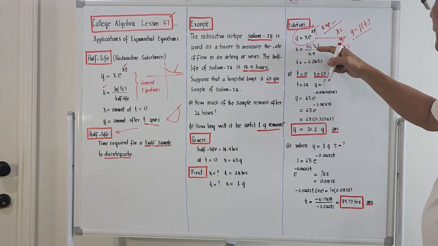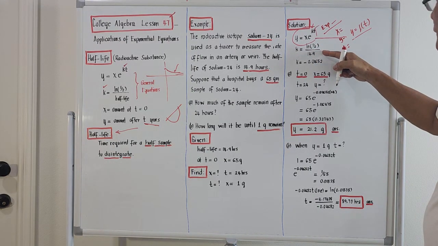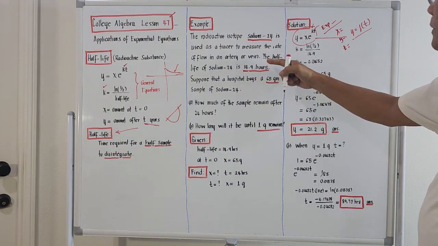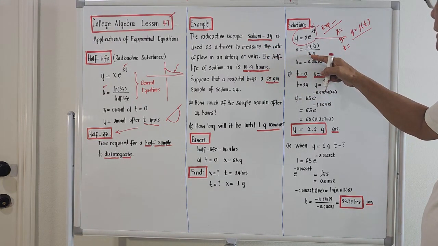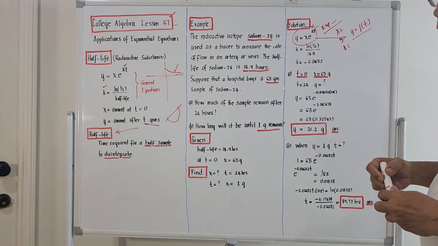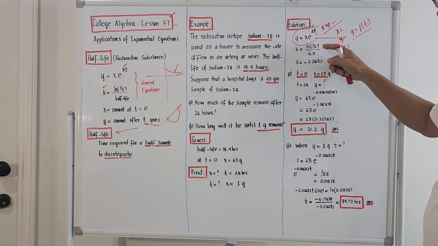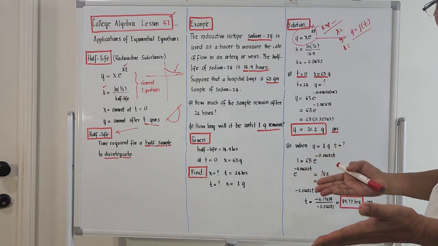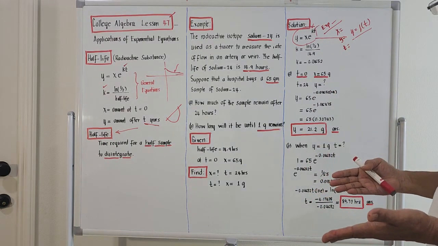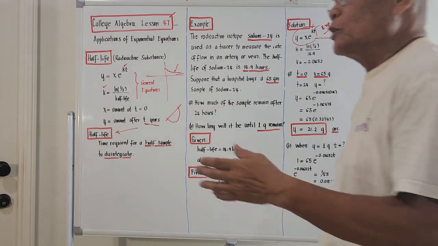The value of k will be the natural logarithm of 1/2 divided by the half-life, which for sodium-24 in this problem is 14.9. The natural logarithm of 1/2 is a negative value, since it is less than 1. We could compute it.